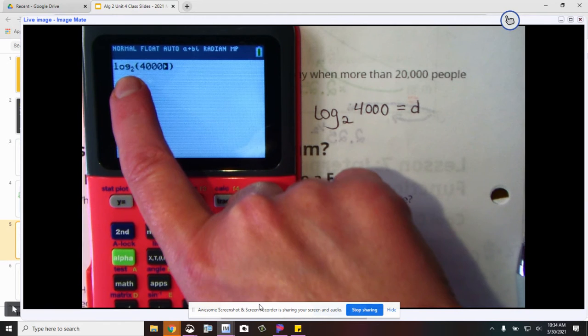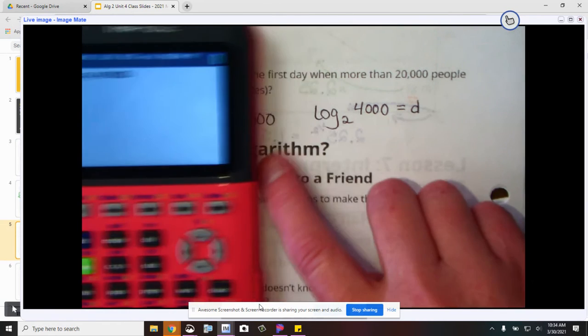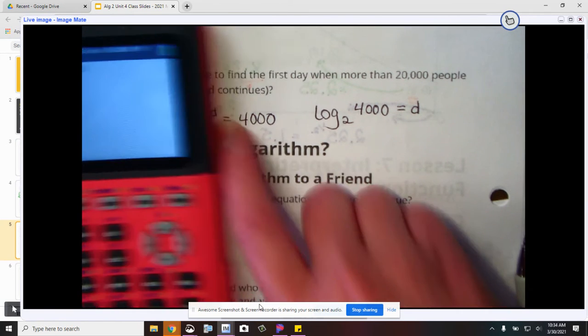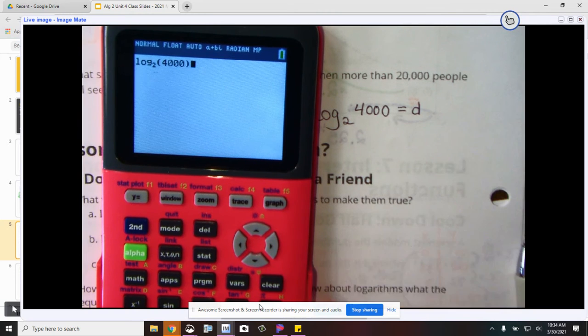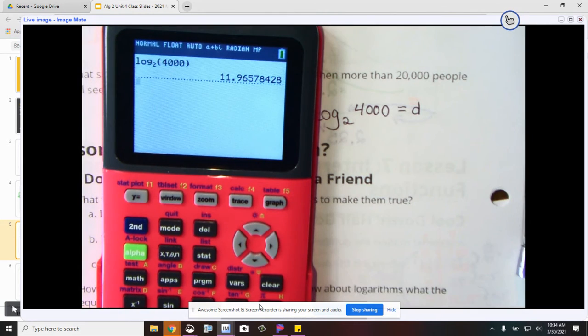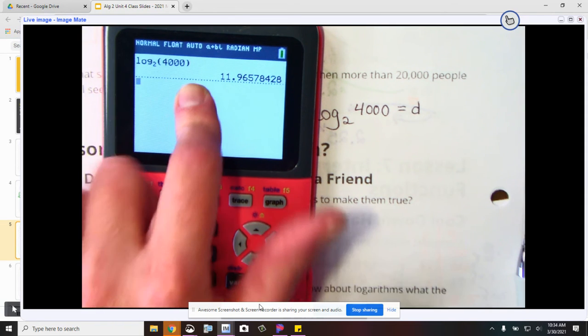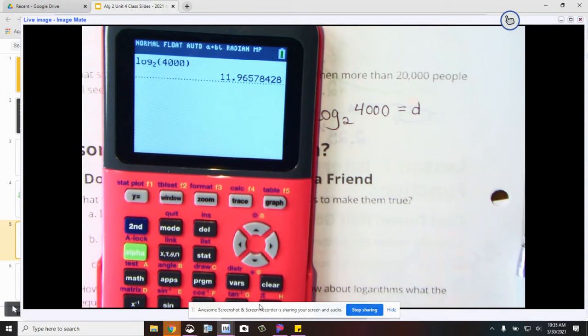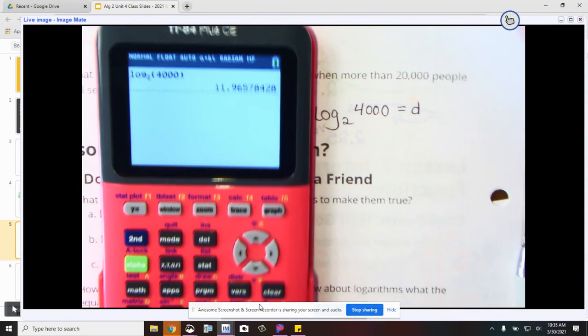It's a base 2, because that's the base raised to an exponent of 4,000. And we find that's actually 11.9657. So somewhere in day 11, it's actually getting over 20,000 subscribers. So the first day that that would be true would be on day 12.